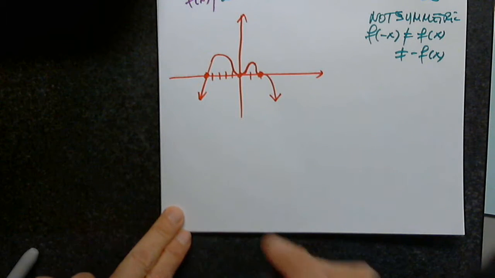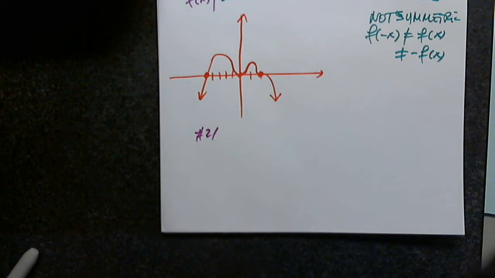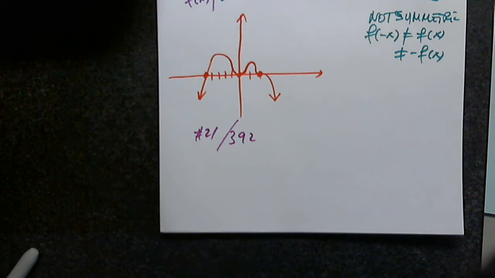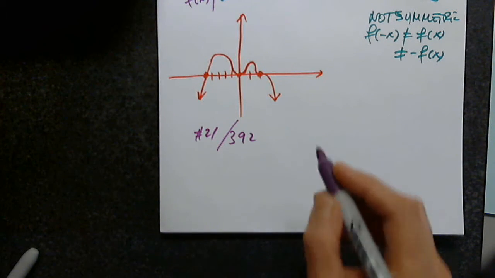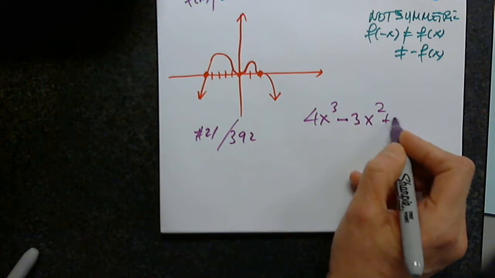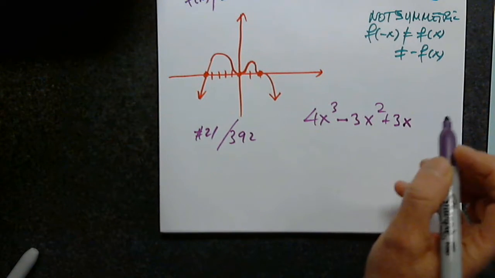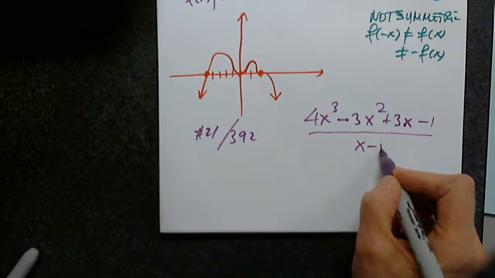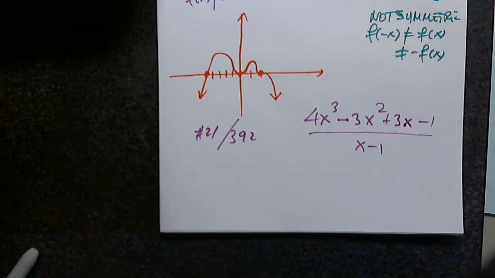Number 21 on page 392. Very good. So we have 4x cubed minus 3x squared plus 3x minus 1 divided by x minus 1. Here's the question: can I use synthetic division for this problem?